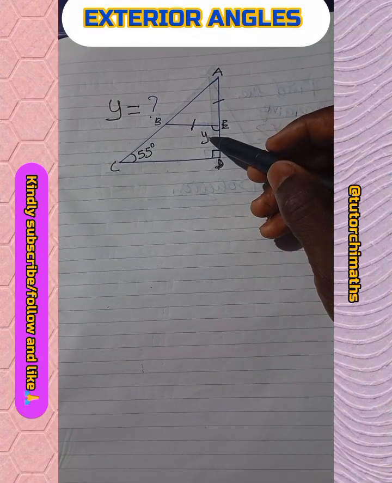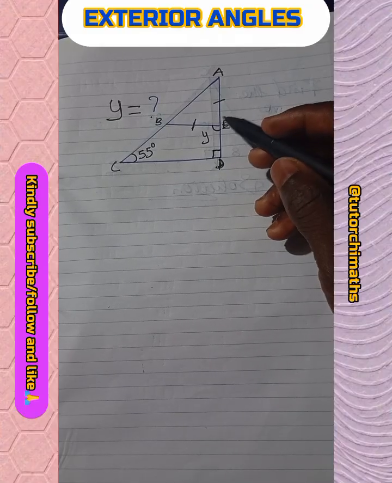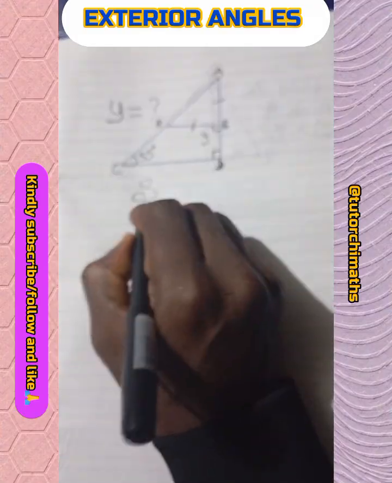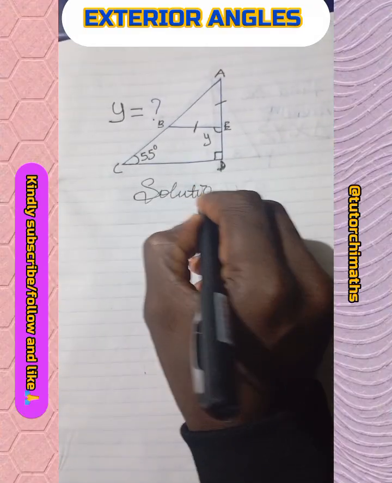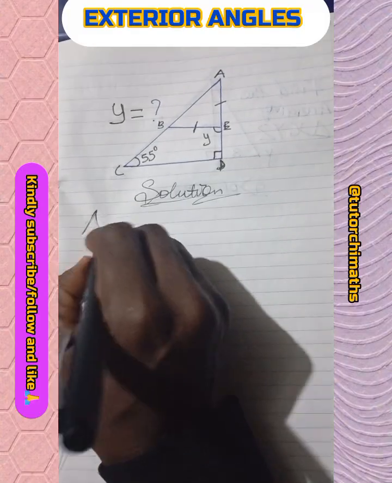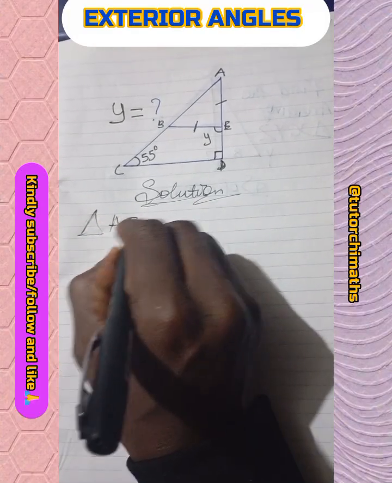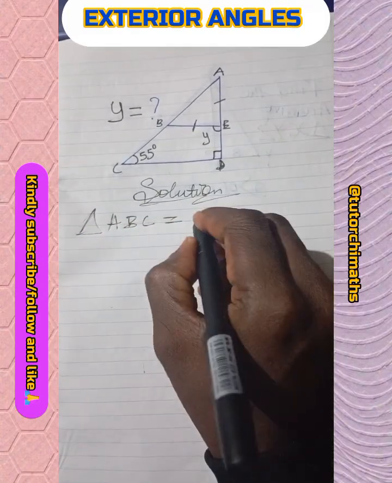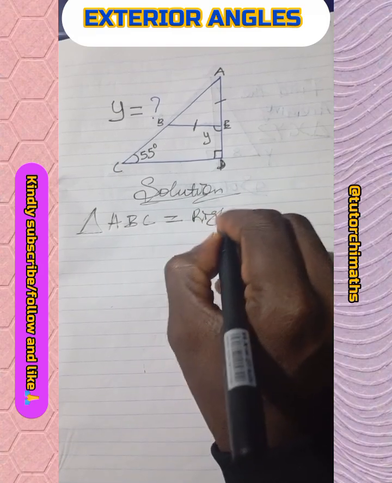Okay, let's calculate the value of y in this diagram. Solution. Triangle ABC is a right angle triangle.